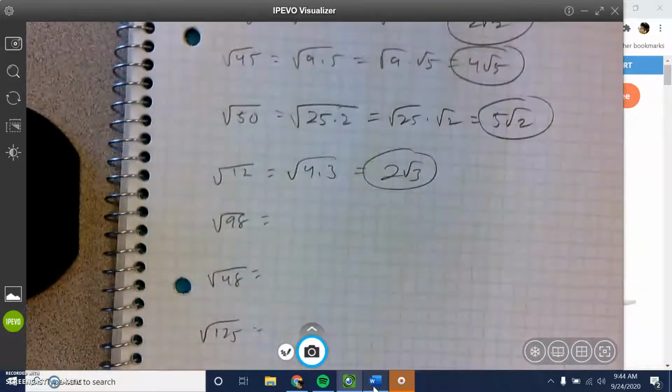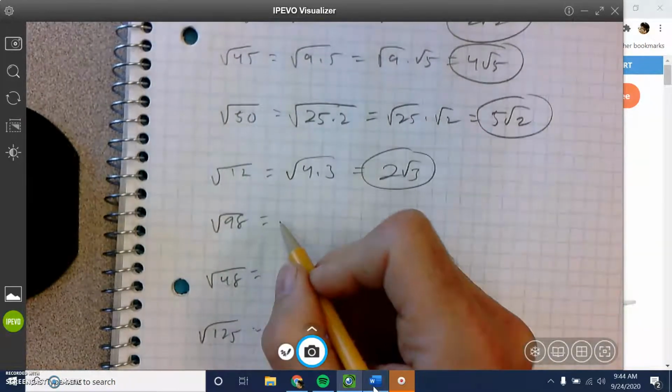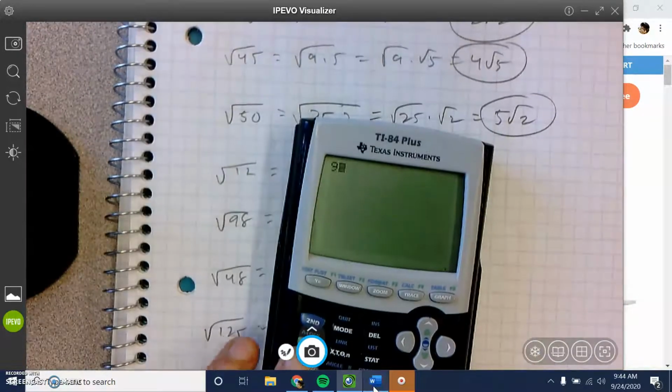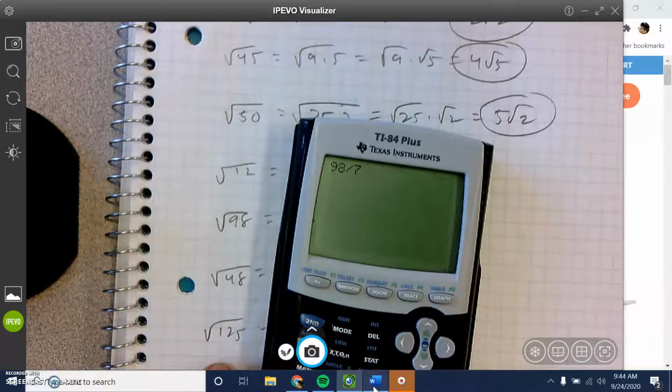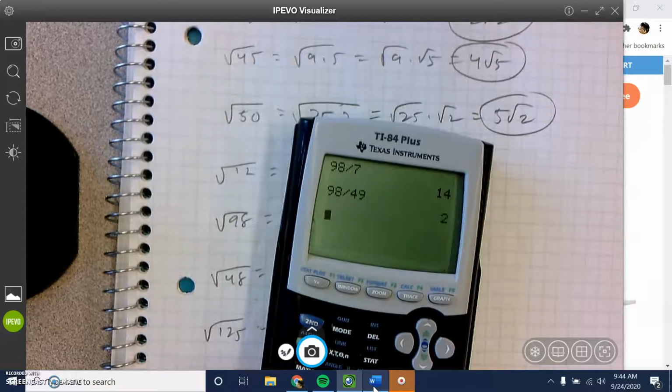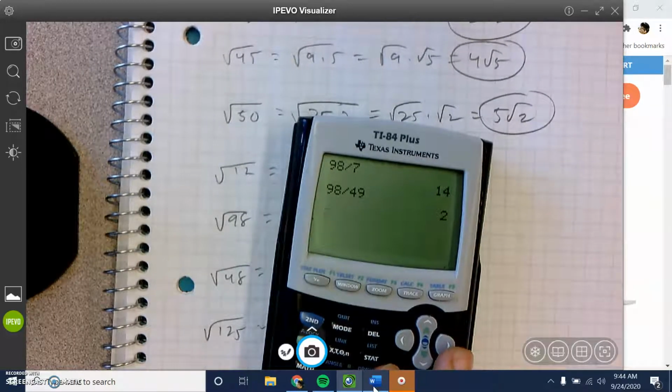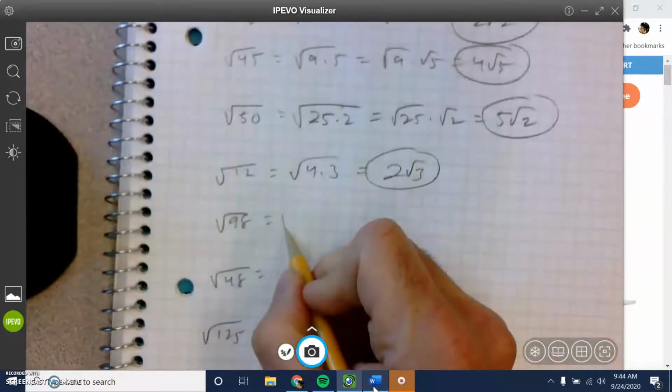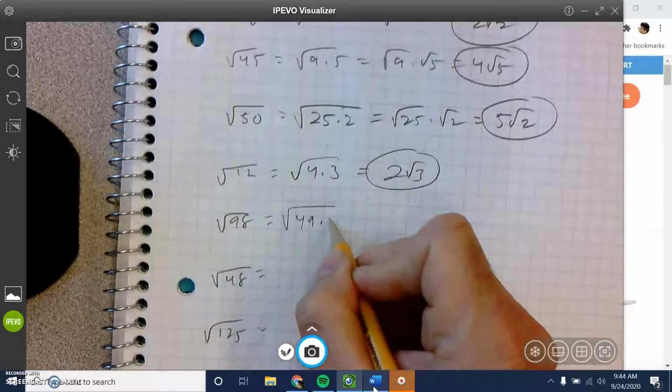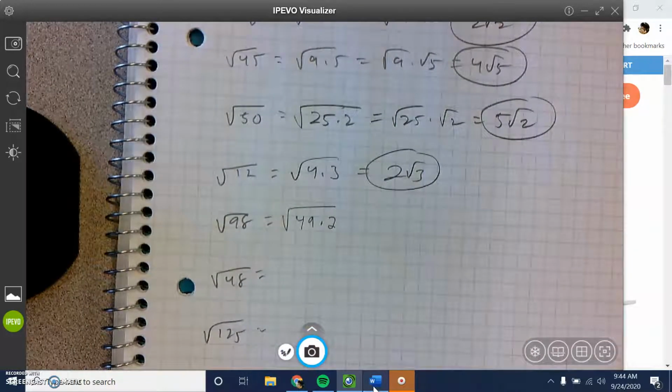98. Ooh, this one's tough. Yeah. 98. I had to do this. 98 divided by 49, my bad, is 2. So I had to go all the way up to 49 and find a perfect square that went into 98.